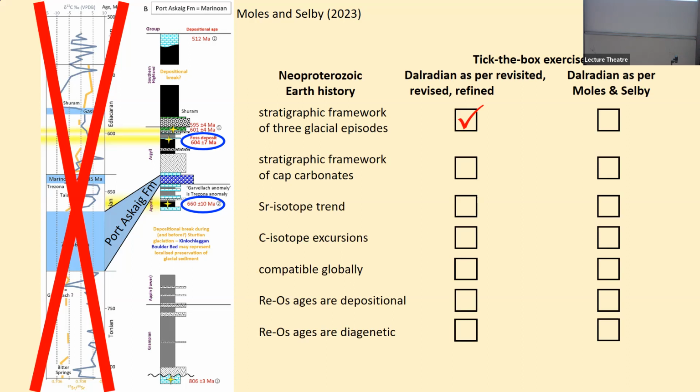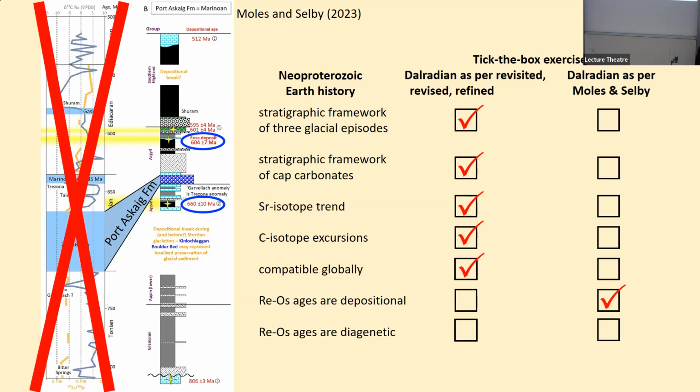It fits the revised view of the Dalradian. If we do stratigraphic framework of cap carbonates, that fits. If we do strontium isotope, if you don't want to listen to calcium or carbon isotopes, the strontium isotope trend is absolutely solid. It fits. The carbon isotope excursions, I showed you the one, but you can match up many of them. It's compatible globally.